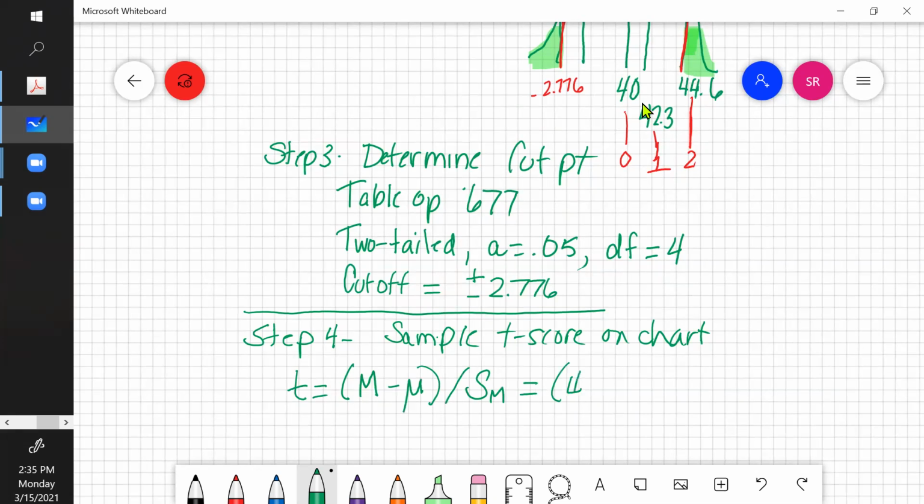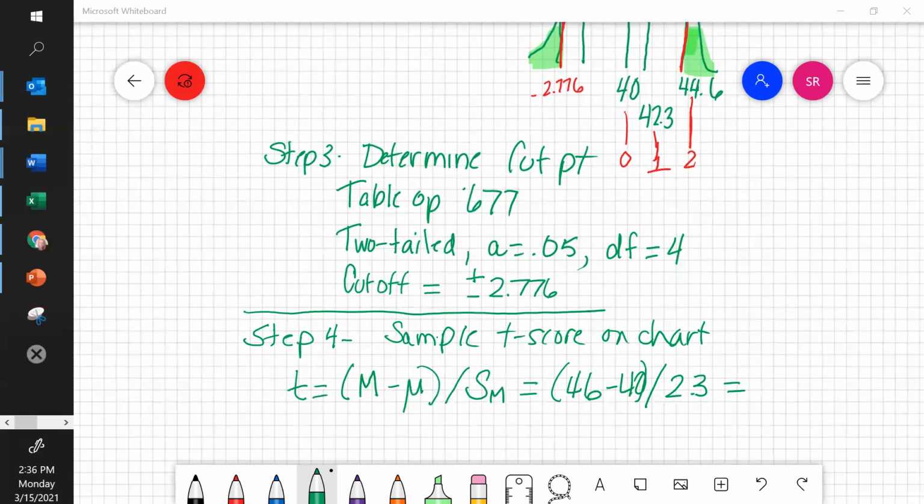So that equals 46 minus 40 divided by 2.3. And if we run that calculation through, we find out that that equals 2.61.